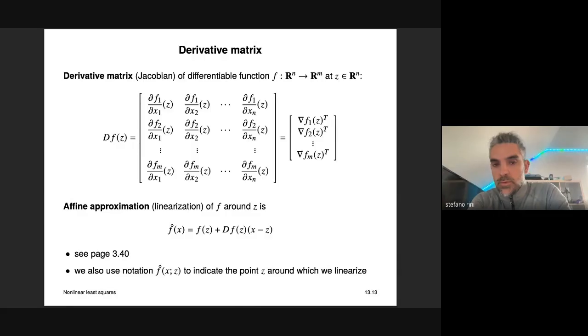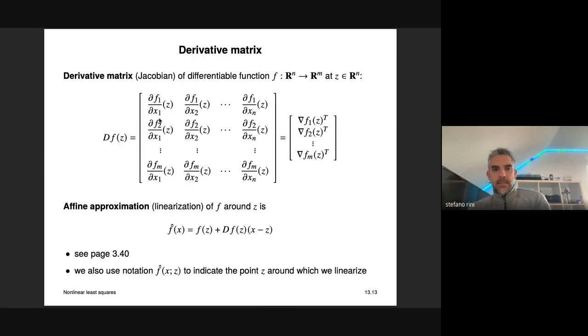Then we want to also define the Jacobian, right? So this is the operator d instead of nabla. So d of f of z will be the derivative of the function f that takes in input the vector x of dimension n and spits out the vector y of dimension m.